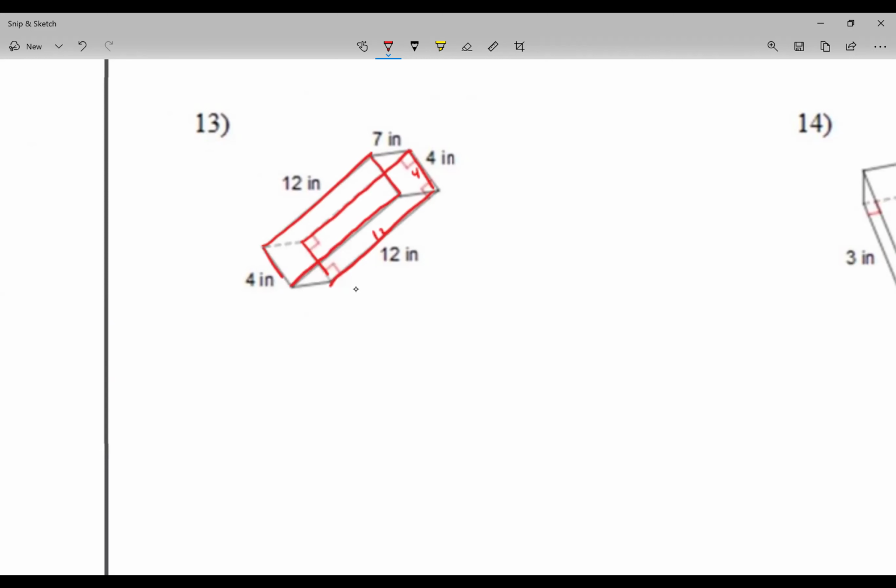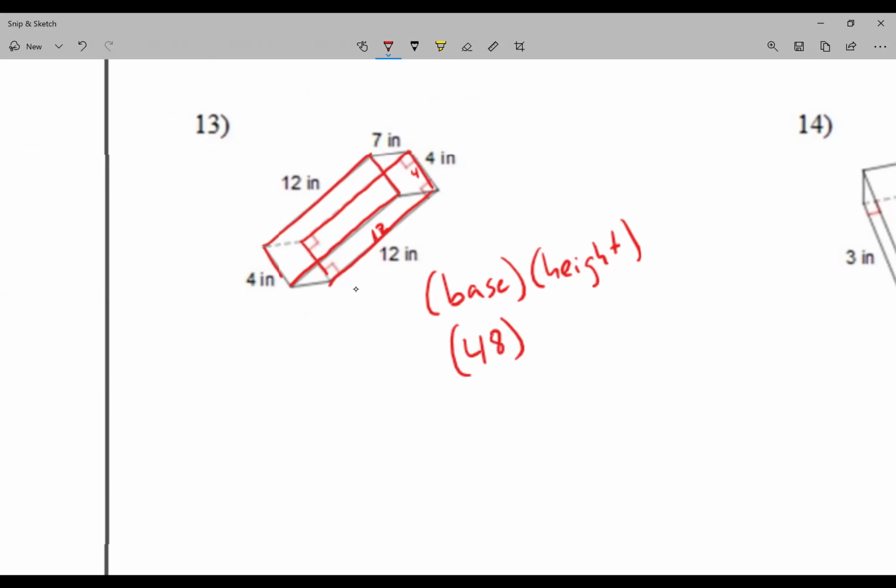So I have to go for the volume of a prism: area of the base times the height. The base is a rectangle, 4 by 12. And I know for rectangles, it's really simple. I just have to multiply 4 times 12. For a rectangle, I just have to multiply those two numbers. 4 by 12 gives me 48.